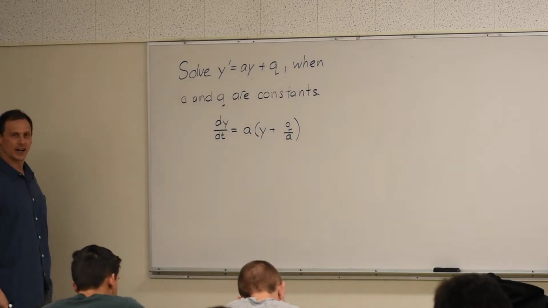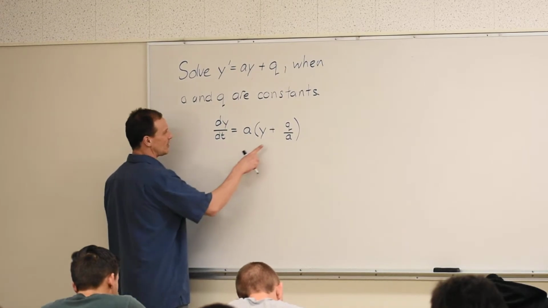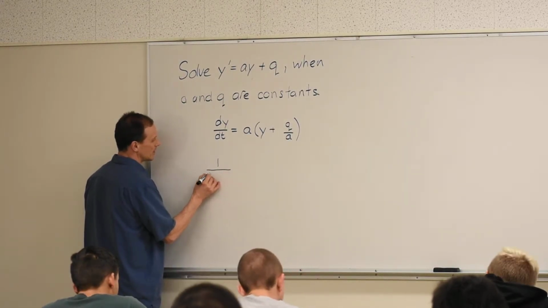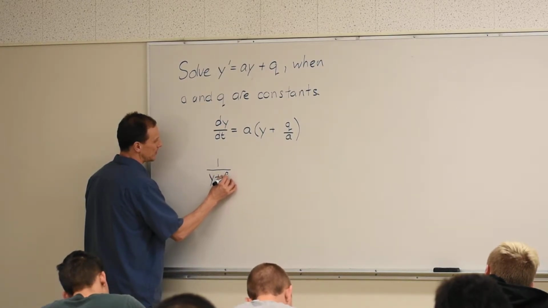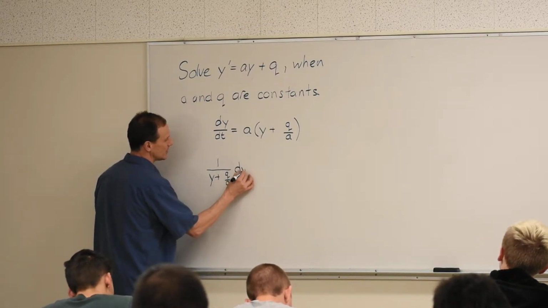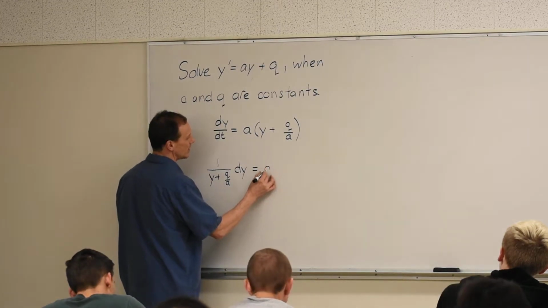And again, we're kind of in a similar situation that we were just in. So we can solve this as 1 over y plus q over a dy equals a dt.